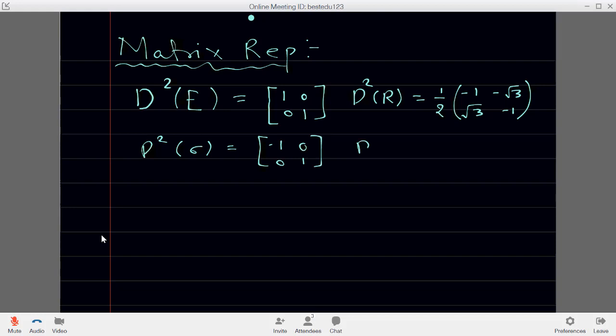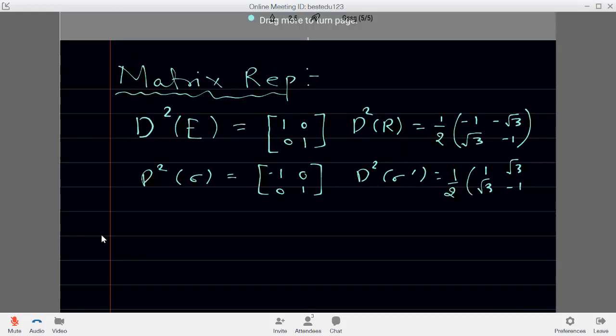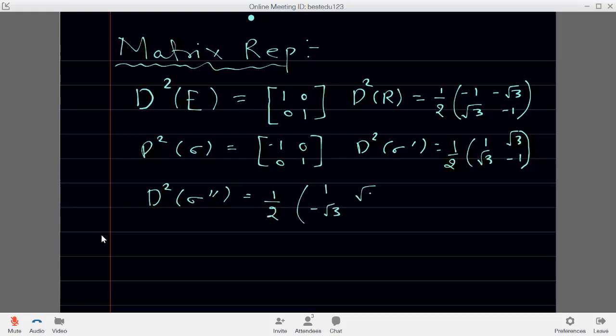For sigma prime, this turns out to be 1 by 2 with 1, root 3, root 3, minus 1. And lastly, the matrix for sigma double prime is 1 by 2 with 1, minus root 3, minus root 3, and minus 1.